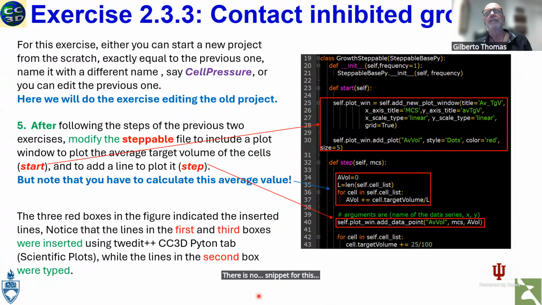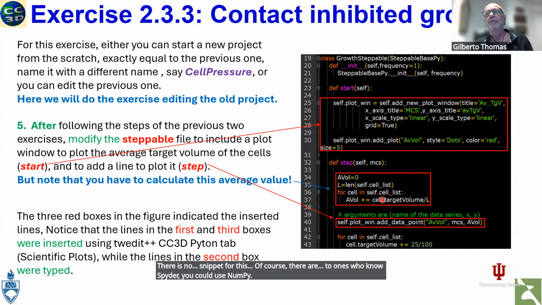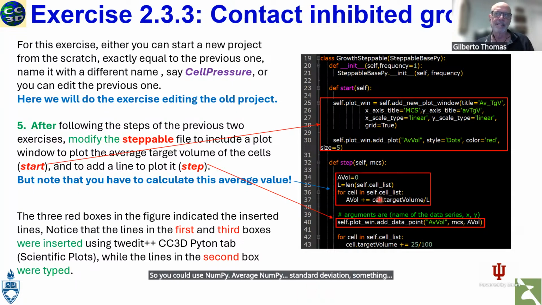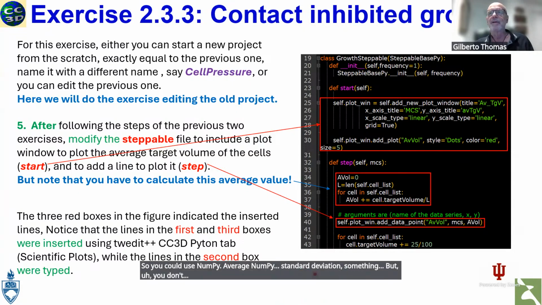Of course, for those who know Python, you could use NumPy to make statistics on arrays, like NumPy average or NumPy standard deviation. But we don't. We can do this in a very simple way here.